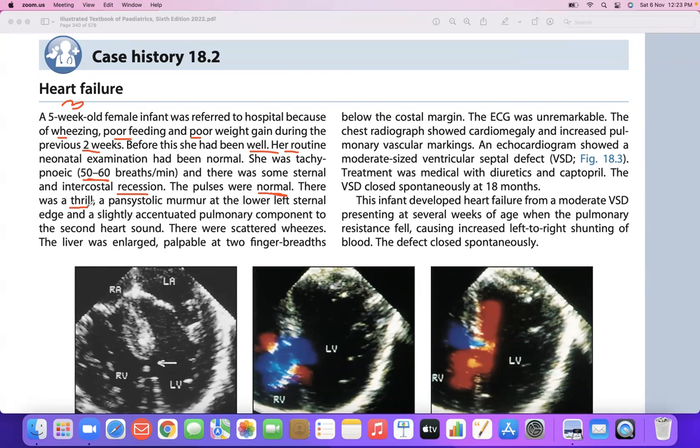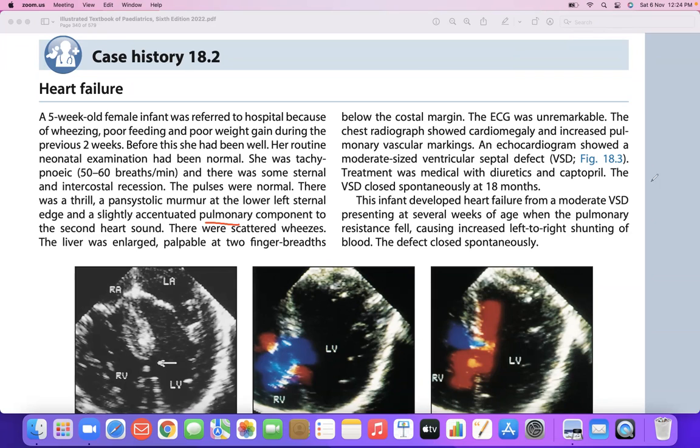There was a thrill and a pansystolic murmur at the left lower sternal edge, and slightly accentuated pulmonary component of the second heart sound. Okay, so all the features here going with VSD, like pansystolic murmur at the lower left sternal edge, and there is a slightly accentuated pulmonary component of the second heart sound.